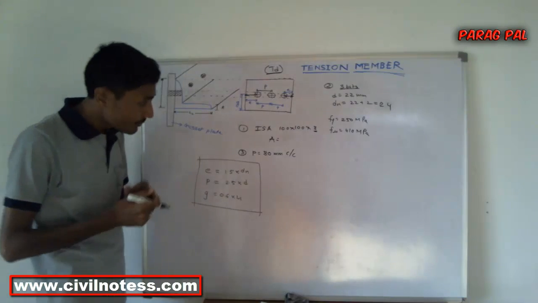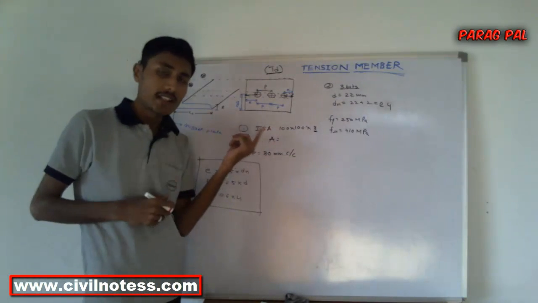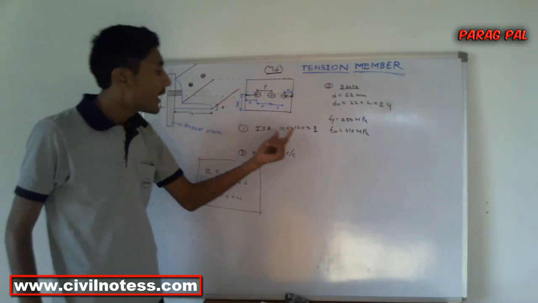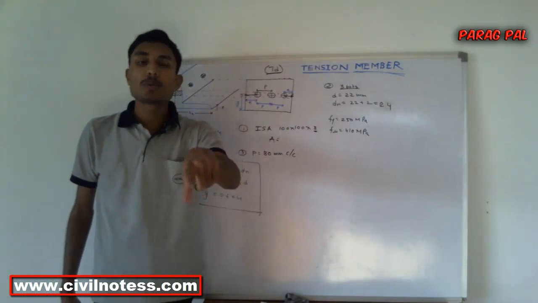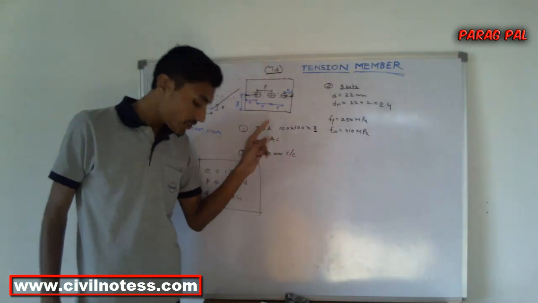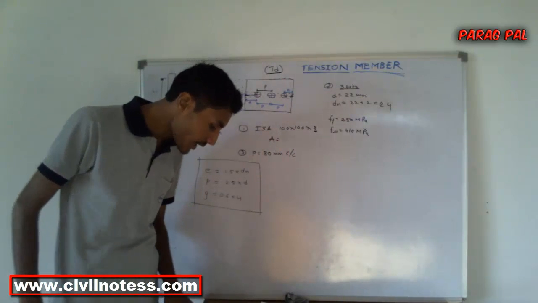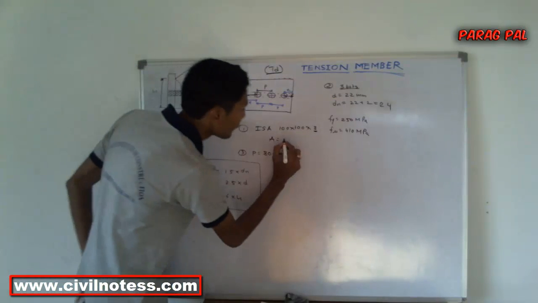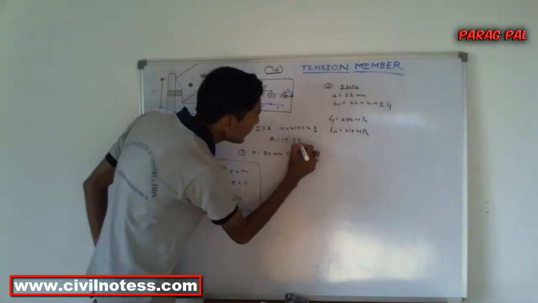Okay, now they have given us the Indian standard angle, which is 100 by 100 by 8. So for 100 by 100 by 8 you have to go to your steel book and determine the area given in centimeter square. As I already calculated, it is 15.39 centimeters square.